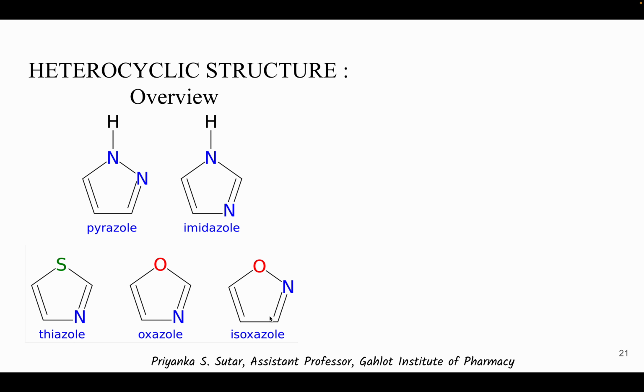Now if you see the numbering of all the azoles, 1,3 azole, 1,2 azole, numbering starts from the nitrogen, but here in case of isoxazole it is a 1,2 azole. In case of oxazole it is a 1,3 azole.